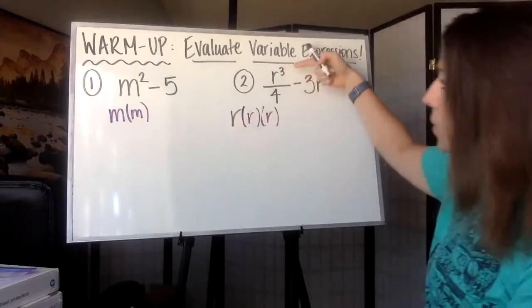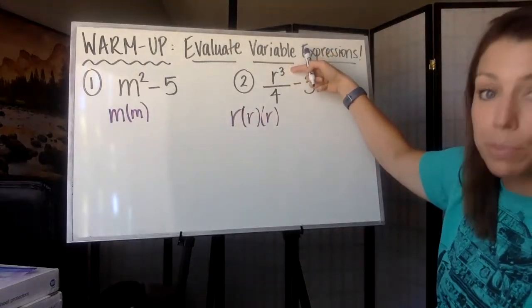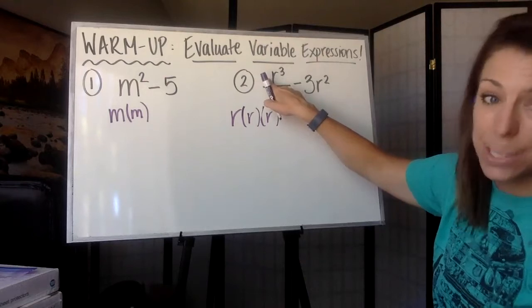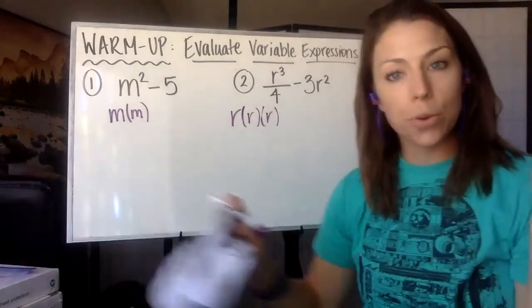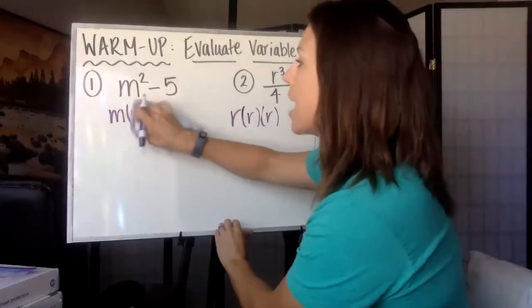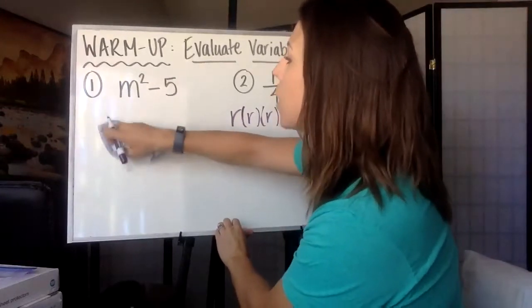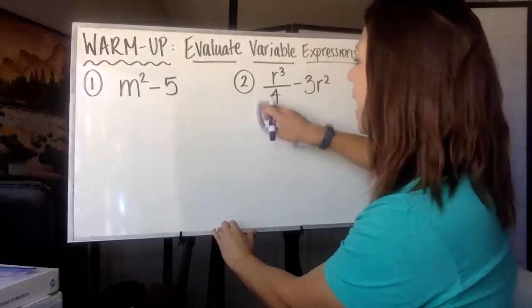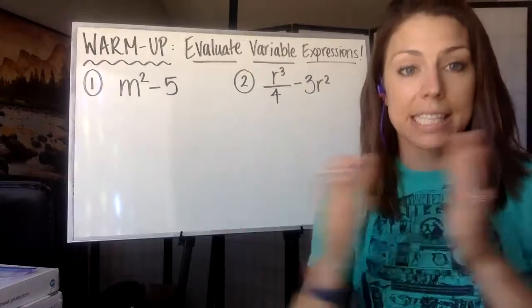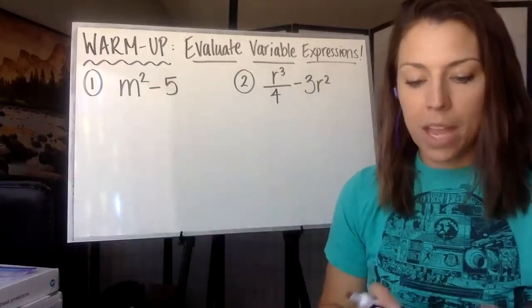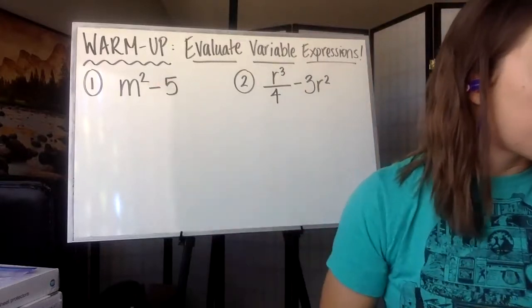So the exponent is the number of times we're multiplying the base, that's what it's called in a power, by itself. So as we are going through and evaluating, just remember that we use the phrase expand and simplify. Again, that phrase is expand and simplify. So without further ado, let's get started.